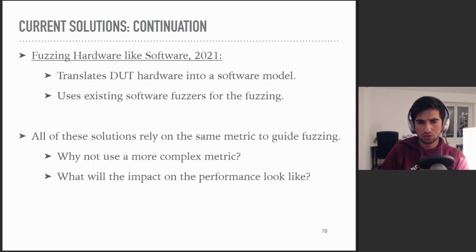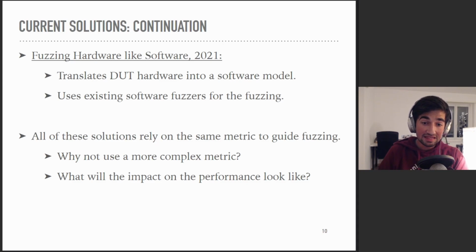So all of these solutions have one thing in common, and that is that they rely on the same metric to guide their fuzzing. So we try to ask ourselves the following questions. One, why not use a more complex metric? And two, what will the performance impact of using that complex metric look like? So a potential answer would be to say that the performance impact would be too great.